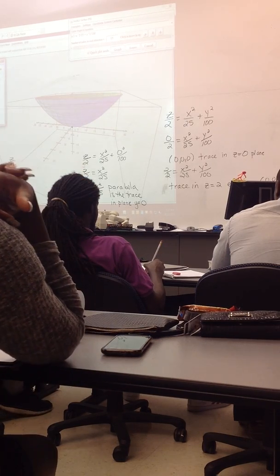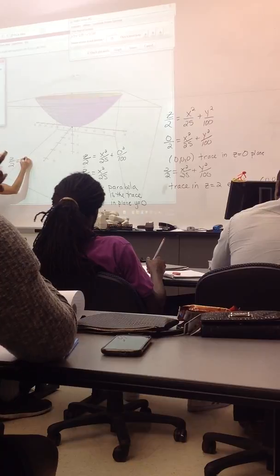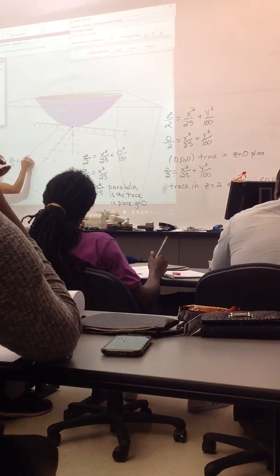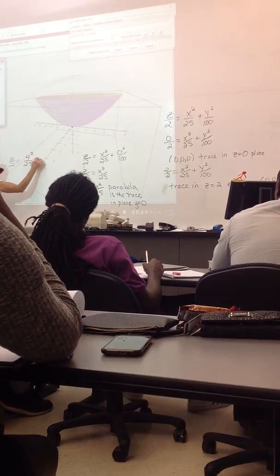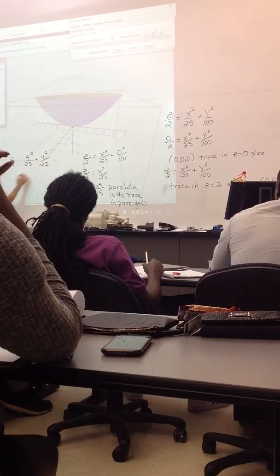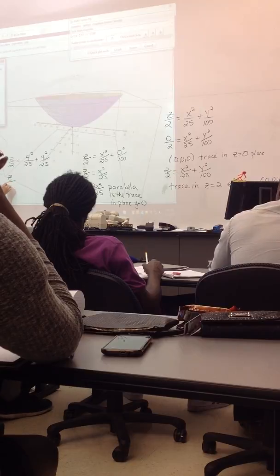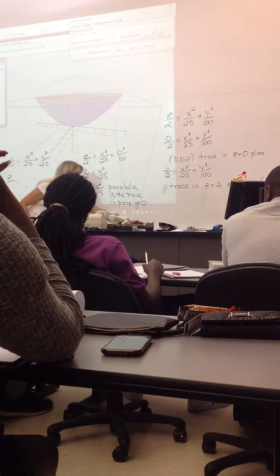So let's say I made x equal to 4. Okay, if I made x equal to 4, then I would end up getting a parabola also.